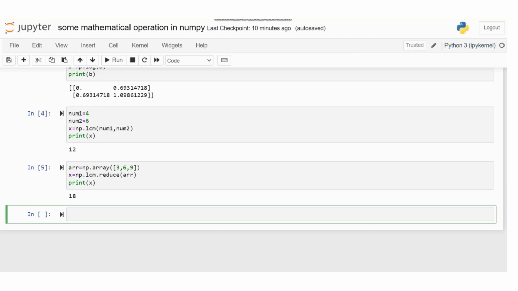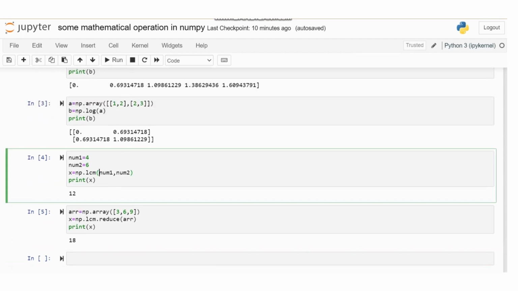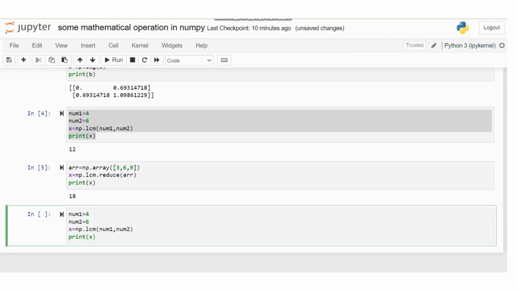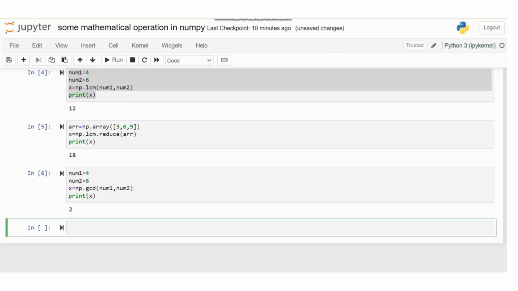Calculate the GCD of two numbers. Copy the previous example, paste it, and calculate the GCD of two numbers. The GCD of the two numbers is 2.